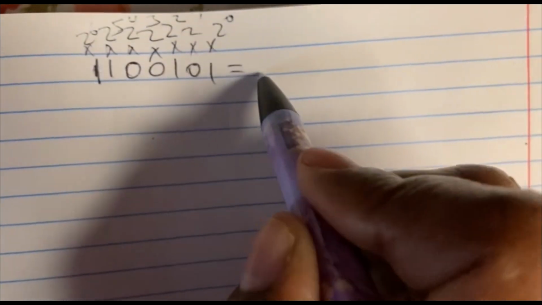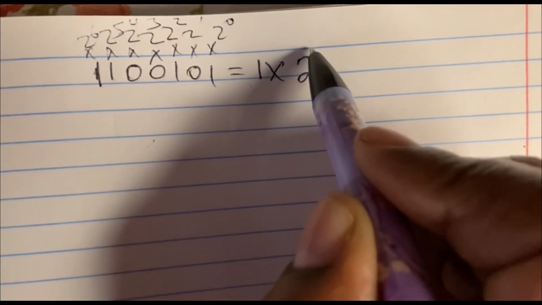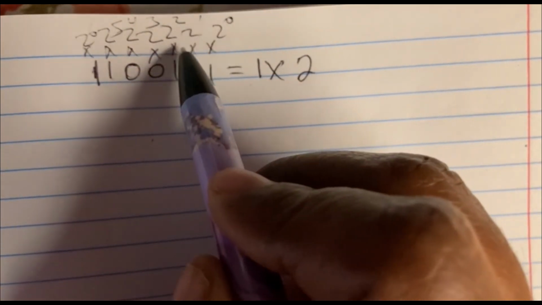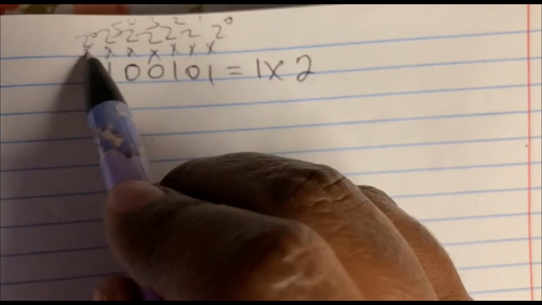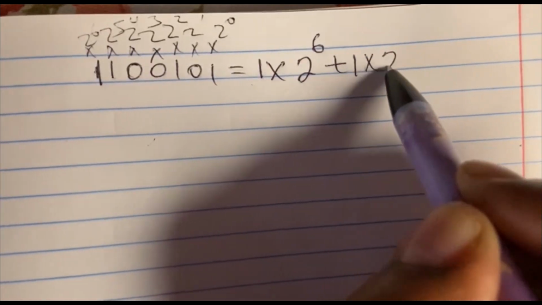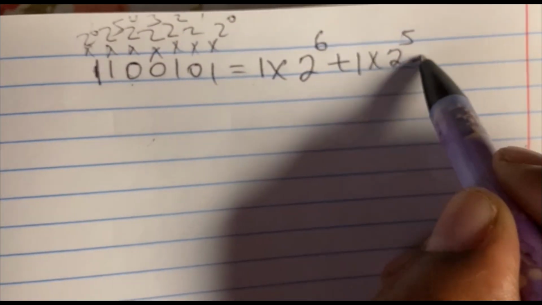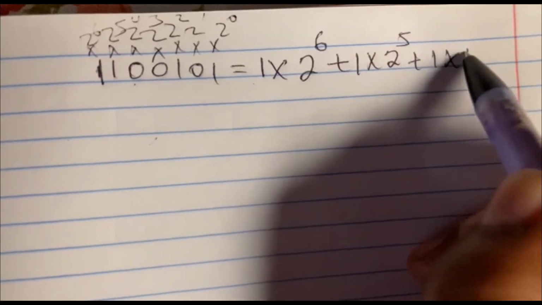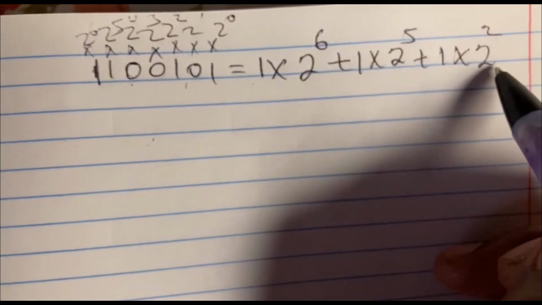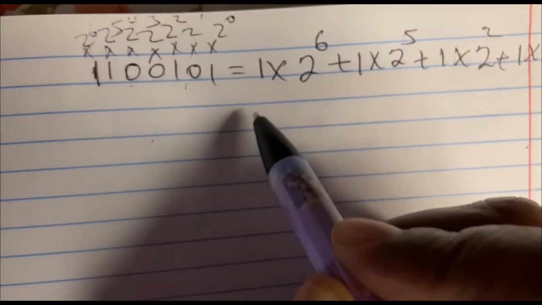So our number will be 1 multiplied by 2 to the power of 6. We start from the leftmost: 0, 1, 2, 3, 4, 5, 6. 2 to the power of 6 plus 1 times 2 to the power of 5. So we omit or ignore the 2 zeros. Then we do the next one, 2 to the power of 2. Then the 0 will be ignored. Then 1 times 2 to the power of 0.